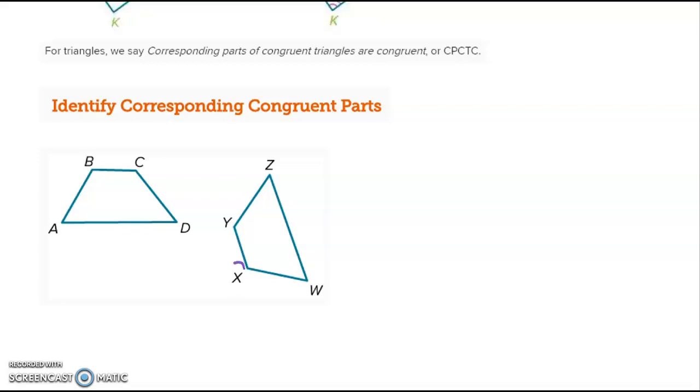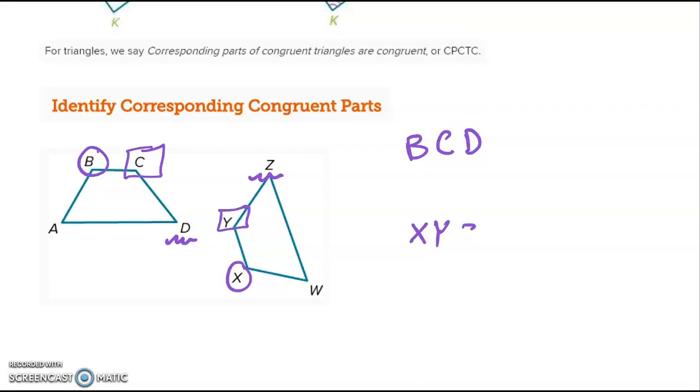So this X, on the left-hand side, on that short side, the X is going to match up with the B. So if I'm going to name the first one B, the second one would be X. Then we can go, if I go C, I have to go Y. So C on the top, Y on the bottom, and we'll keep going around in a circle. Not a circle, but clockwise. D would be next here, so Z would be next on the bottom, and then A, W.